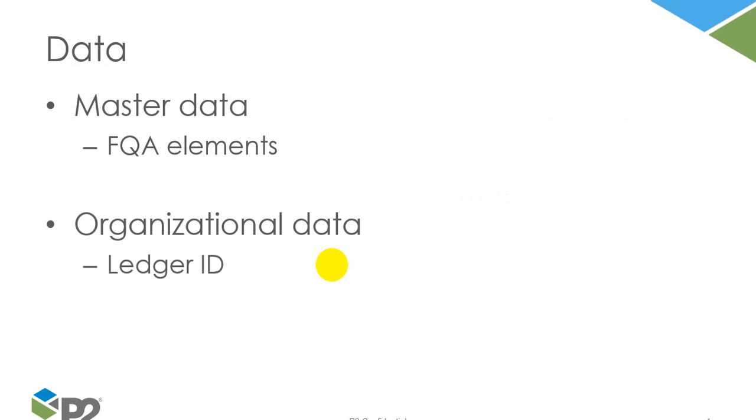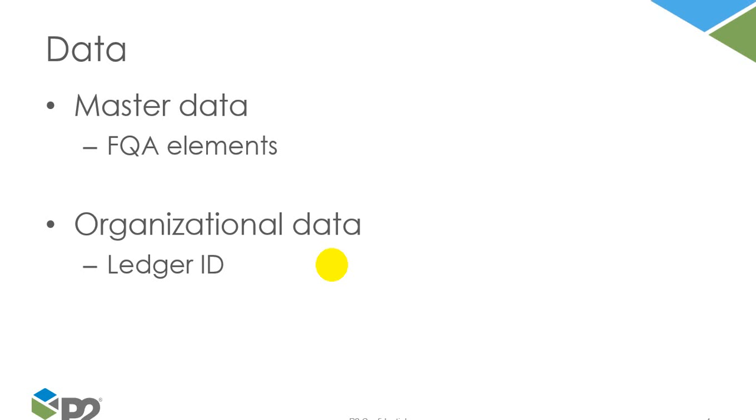Regarding the data involved, or what we need to be able to run this, we need master data, and in that case we need FQA elements. So that's basically the account and other elements that are required to track, say, the disbursements we're going to be doing with this new bank account. As for organizational data, we need the ledger ID.